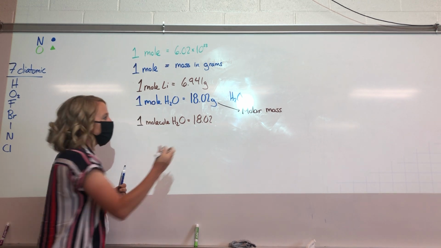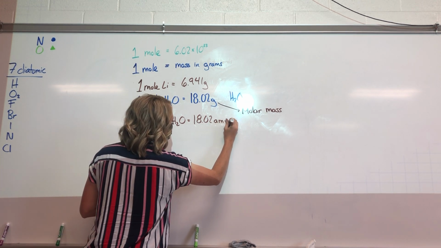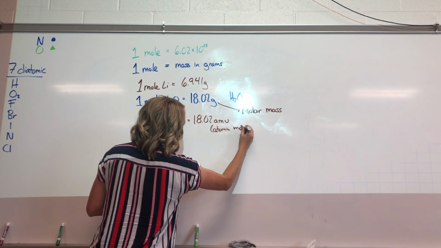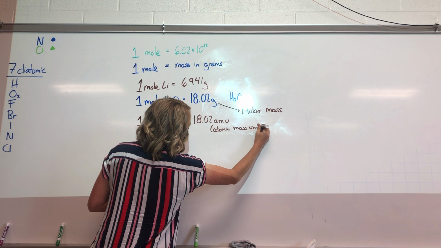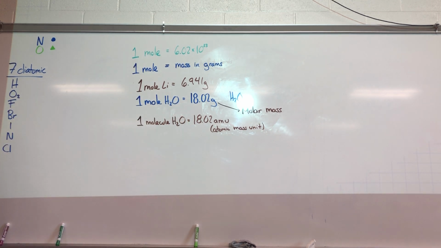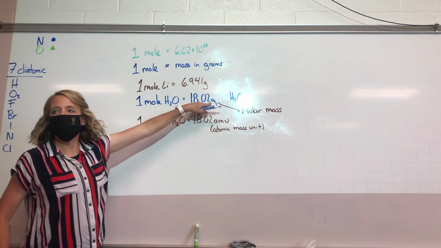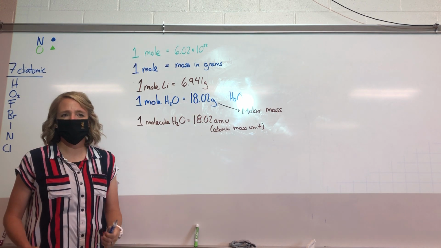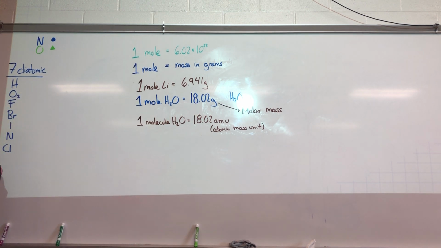The unit just changes to an AMU, which is atomic mass unit. It's the unit we use for atoms because they're so small. But we can't work on this scale, so we work on the scale of grams. But it is proportionate. They're the same. Any questions so far?